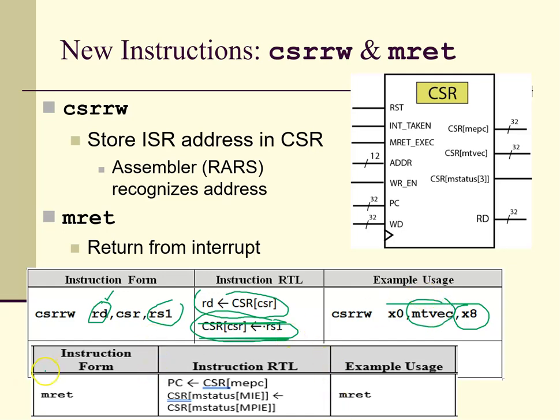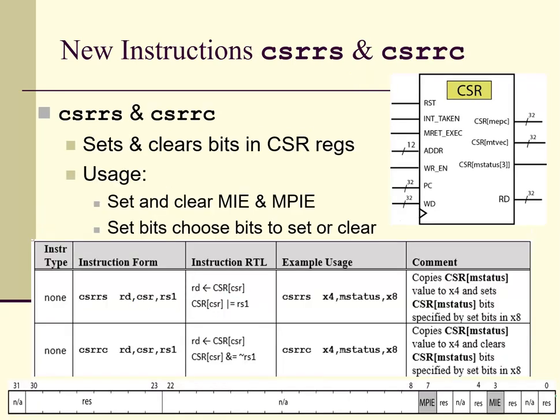When I execute the mret, it's going to do two things, and it's done in hardware. It's going to copy the MPIE bit to MIE, and it's going to take that return address, which was stored at MEPC, and put it in the PC. Those two are very, very similar to instructions we've used before.